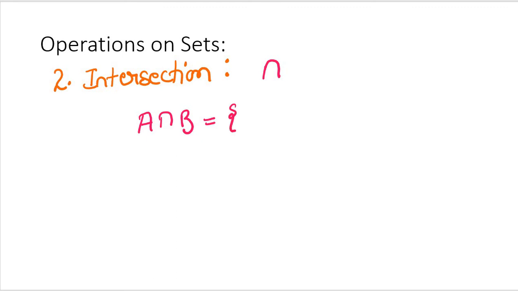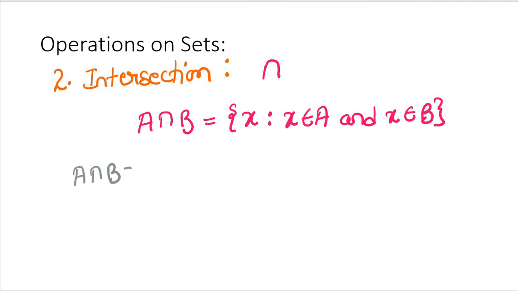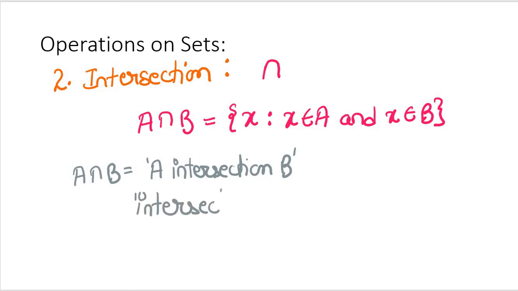So it can be represented as X, where X exists in A and X exists in B as well. Right. So how we read this is A intersection B, or intersection of A and B both.